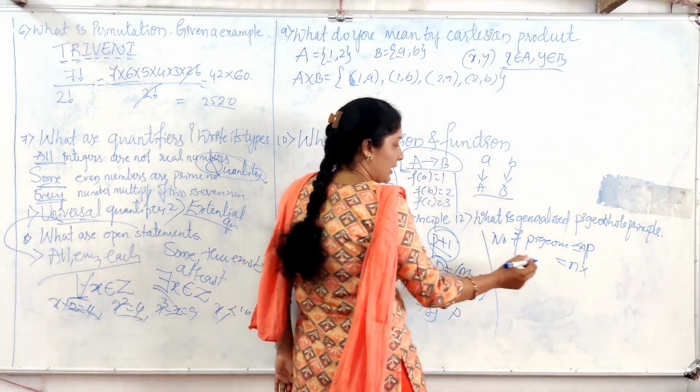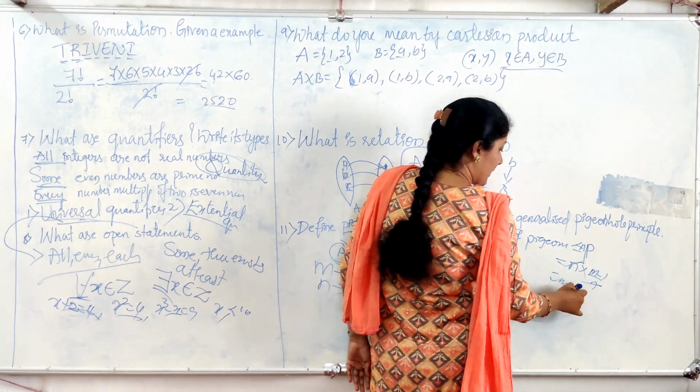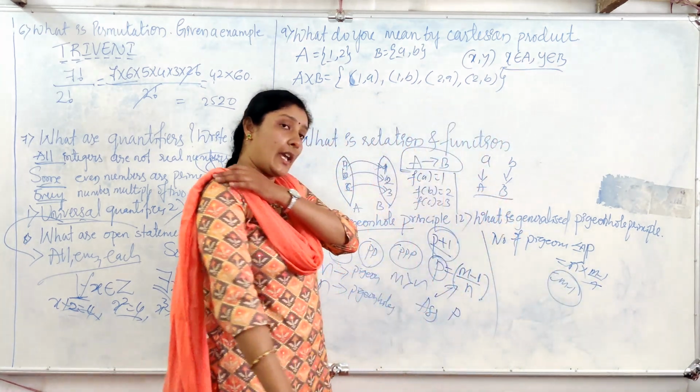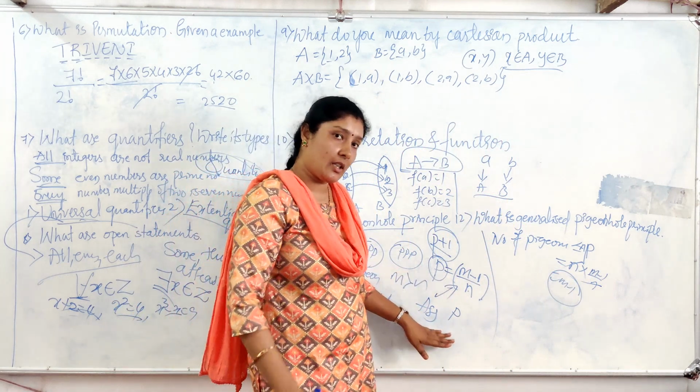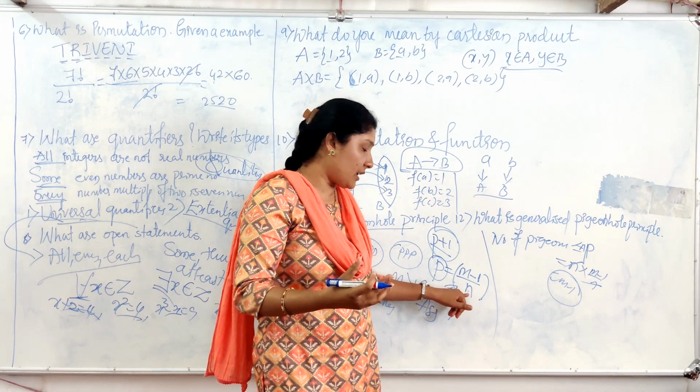(M minus 1) divided by N. N and N get cancelled, giving M minus 1. So according to the assumption, the number of pigeons occupying a pigeonhole is (M minus 1) divided by N.